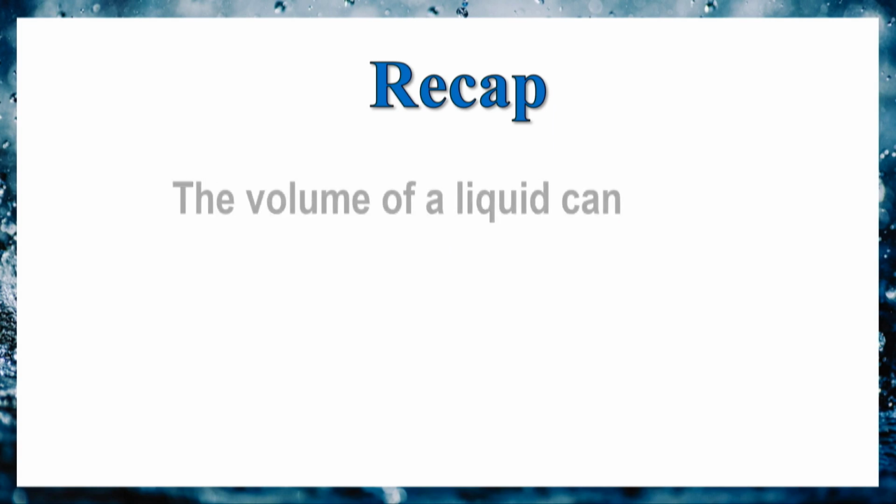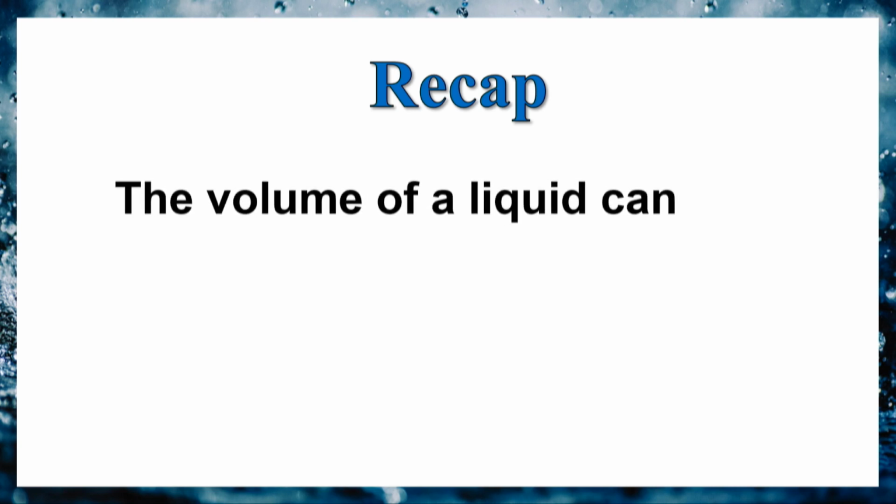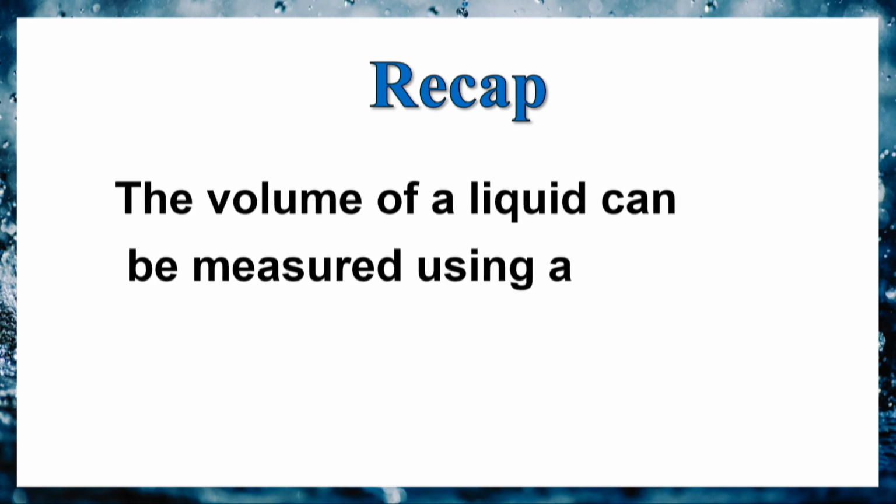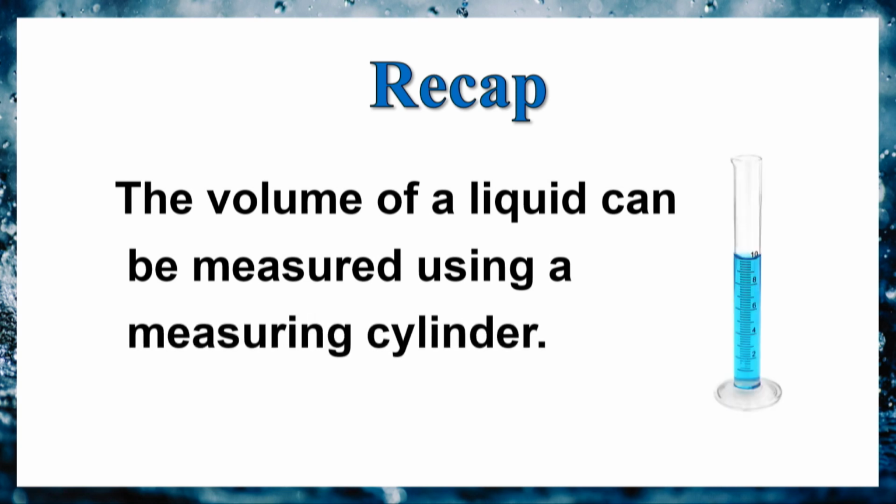Before ending this video, let us recap what we have learned. Since a liquid has no fixed shape but has a fixed volume, the volume of a liquid can be measured using a measuring cylinder.